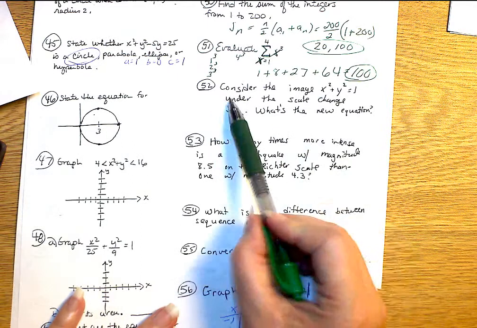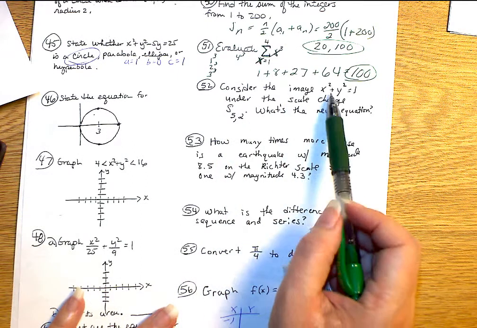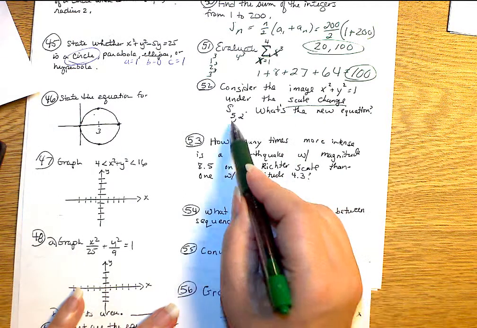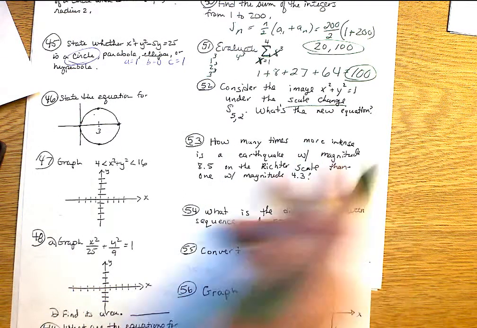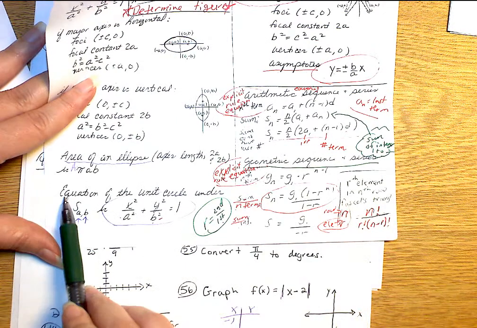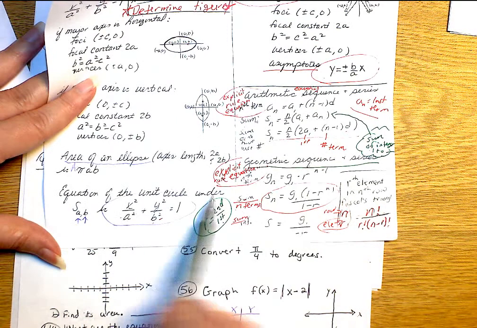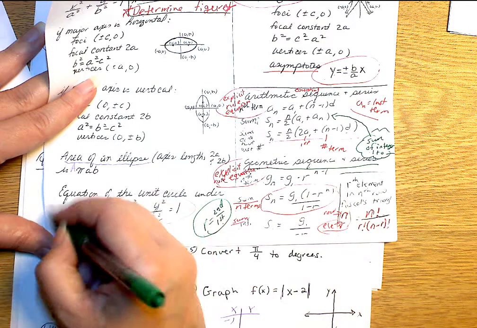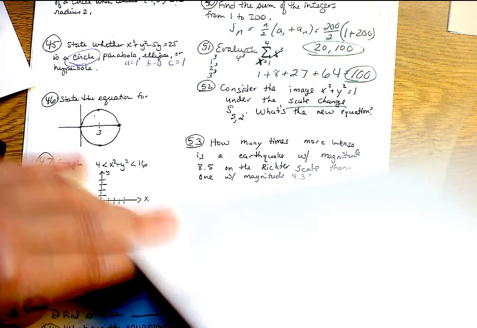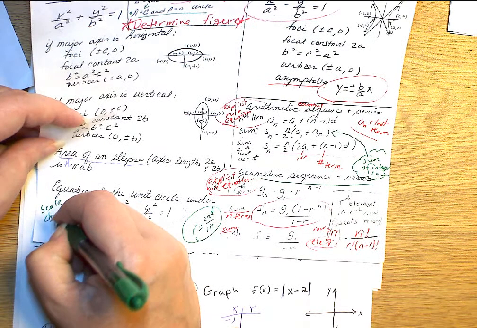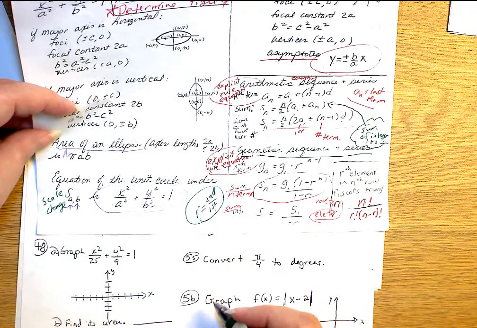Consider the image of x squared plus y squared equals 1 under a scale change of 5, 2. What's the new equation? Well, that equation is down here. So remember, equation of unit circle under a b scale change is this. So if you need to put scale change on here, do what you need to do. So that's a scale change.